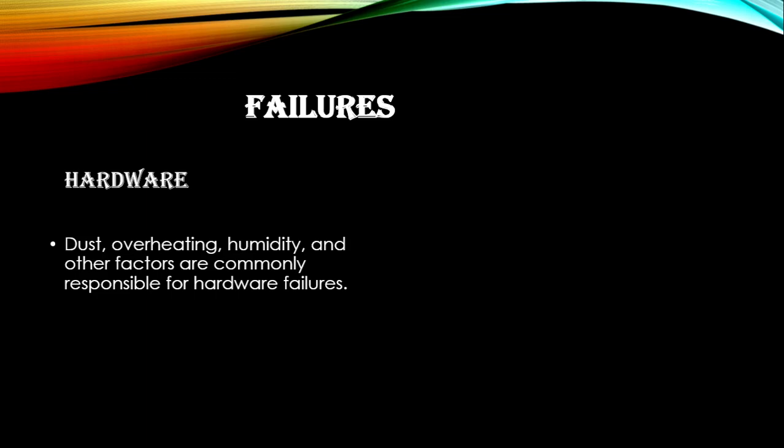Due to heat, our components may wear out, and the same goes for moisture. So dust, overheating, moisture and humidity are the major factors for the failure of our hardware devices.